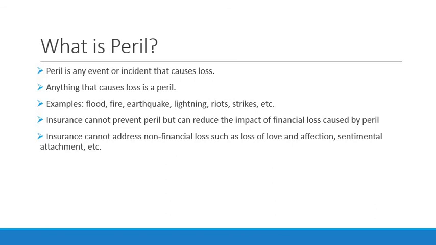For example, take the case of medical insurance, which makes good the medical expenses that may be incurred for treating a fracture in the hand owing to slipping in the bathroom.